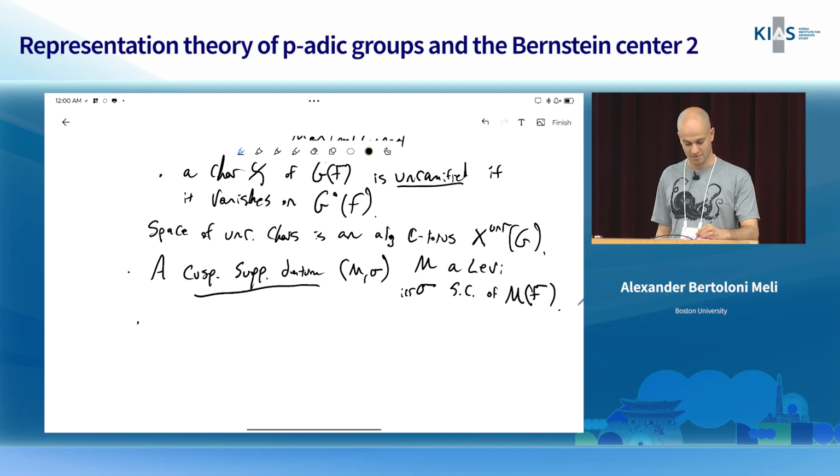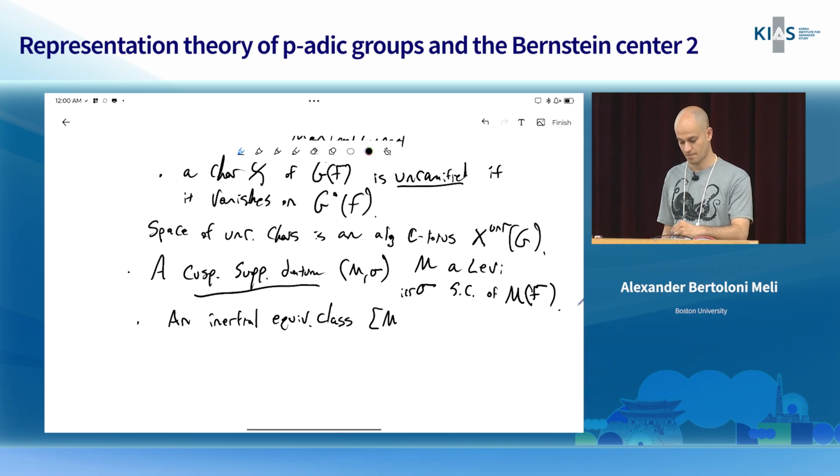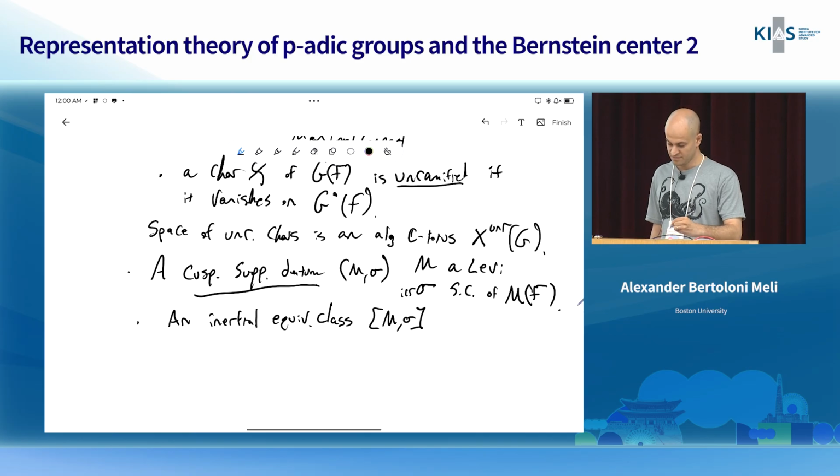And then further, I want to consider an inertial equivalence class. This is an equivalence relation on cuspidal support data.